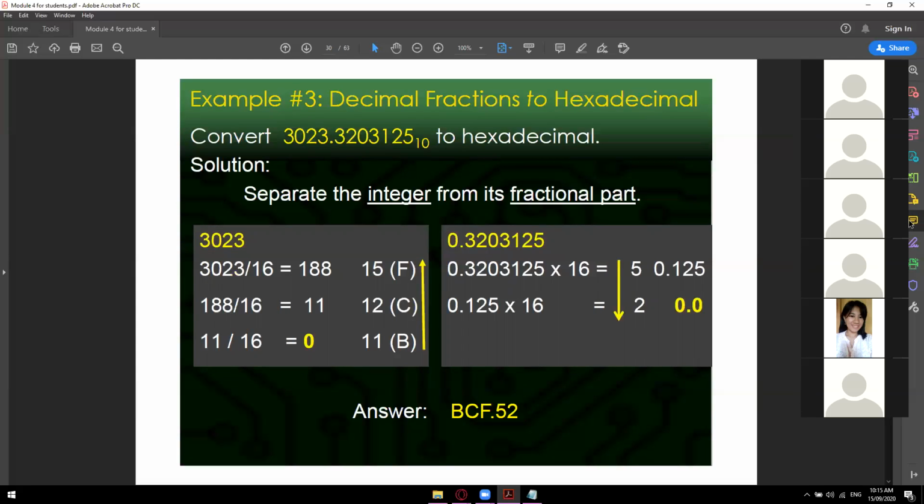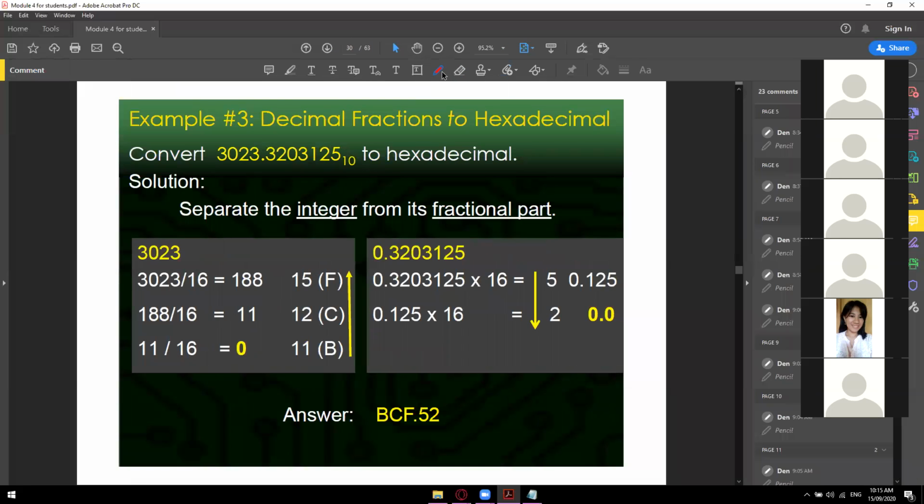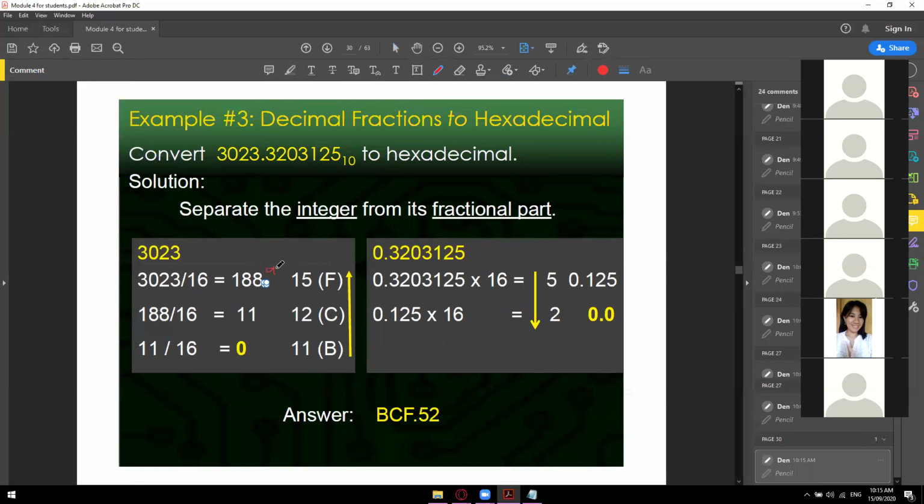So 0.9375, just multiply this part, 0.9375, by 16. 0.9375 times 16, then you'll get 15. Then take the integer part.